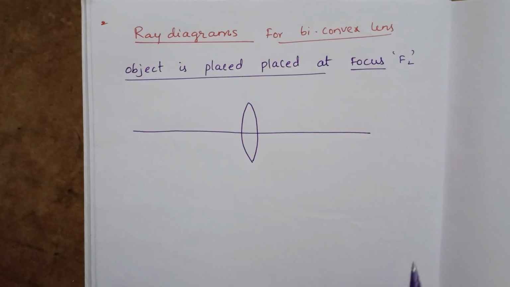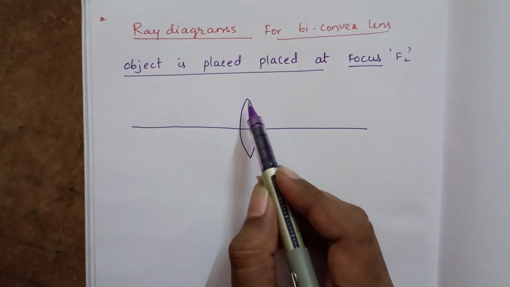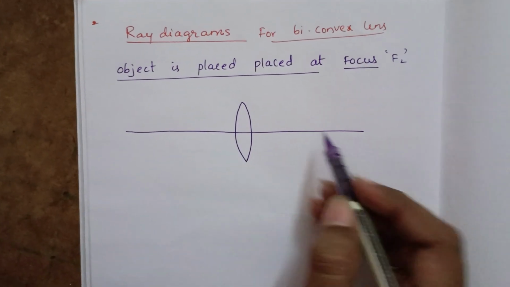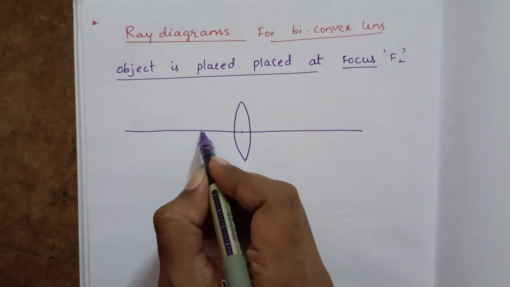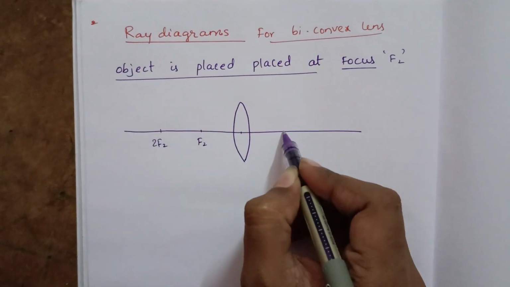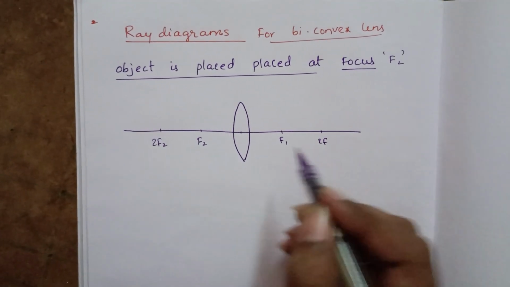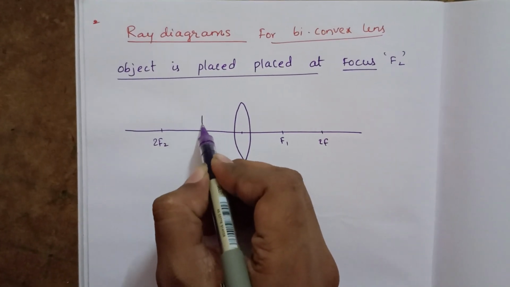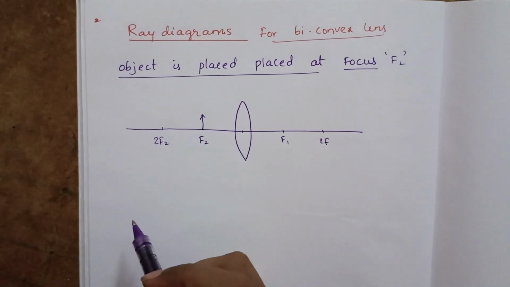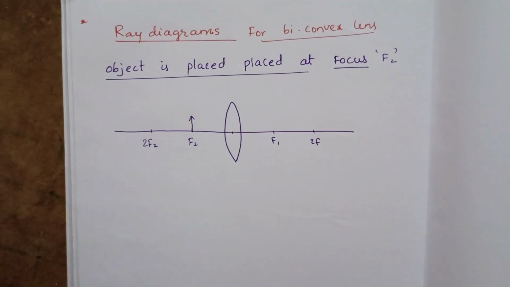Now the object is placed at focus f2 in front of the convex lens. This is the convex lens, principal axis, optic center, f2, 2f2, f1, 2f1. Now the object is placed at f2, means at the focus. Now we will take two rays.